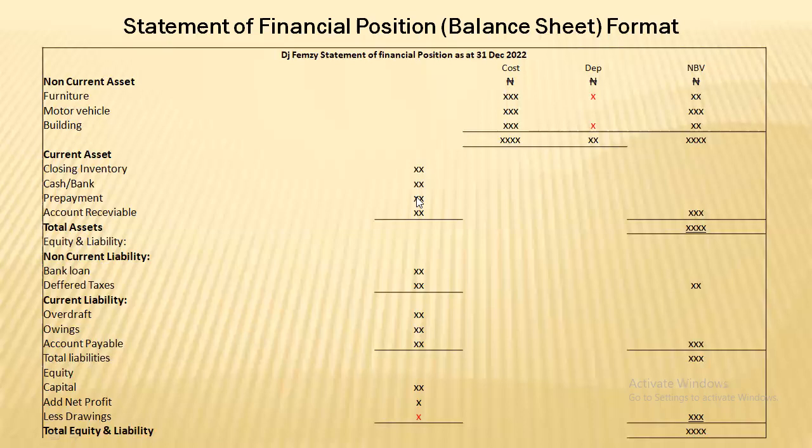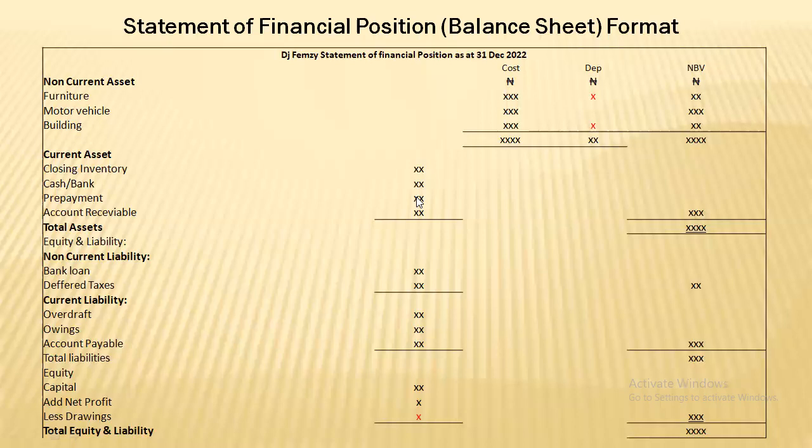There might be other owings that must be settled within the accounting period, that's within the period of preparing that particular account. Then the last one is accounts payable. Accounts payable represents the value of goods that suppliers have supplied us and we are yet to pay for. So at the end of the day, we'll have the total liability.